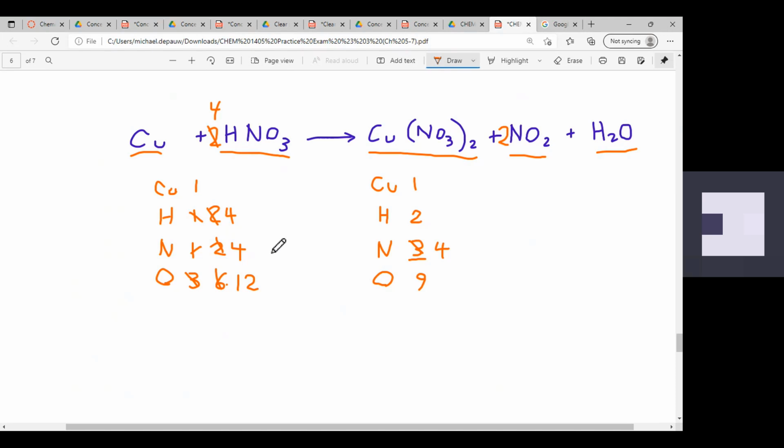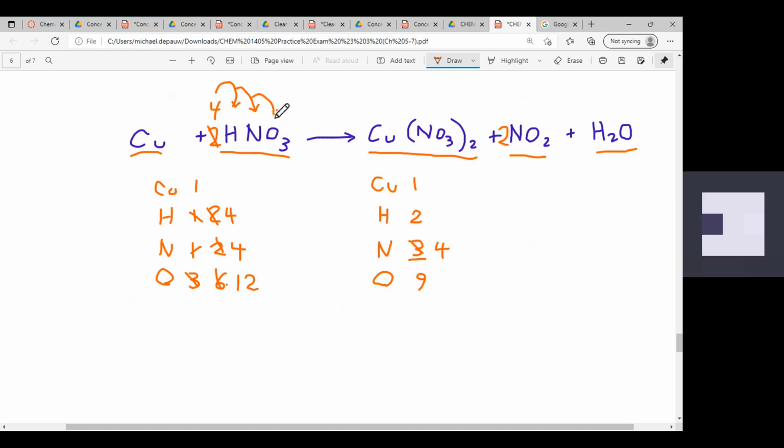Now, at this point, I should recognize that I unbalanced one of the easier elements, so I'm going to have to rebalance it. In this case, I have 4 hydrogens on this side, 2 on this side. So what do I do? Because this multiplies times each element in front of it.